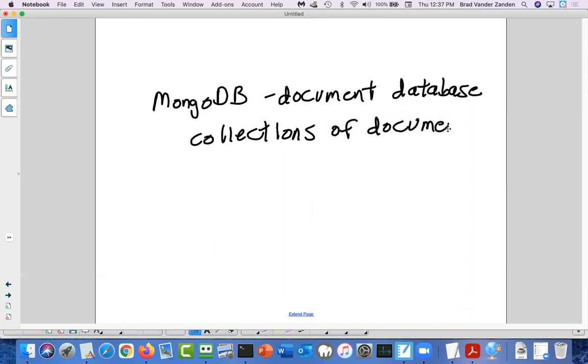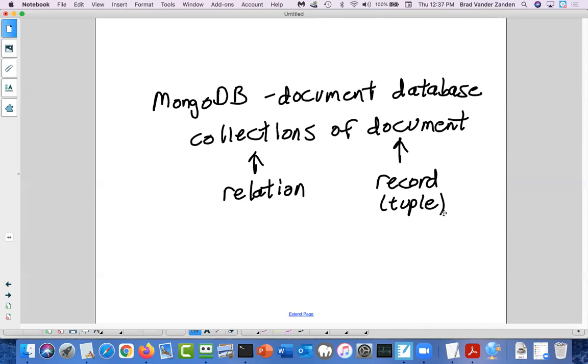And roughly speaking, a collection is a relation in relational databases, and a document is a record or tuple in the relational model. And MongoDB uses JSON to represent its data.